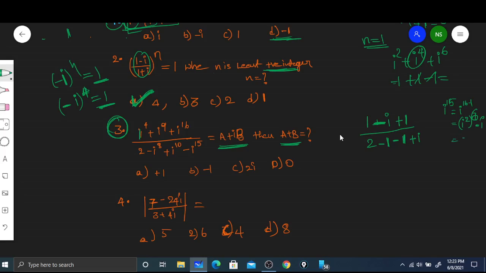So i square value we know is minus 1, whole power 7, minus 1 power 7 is minus 1, into i, that is what I wrote here.